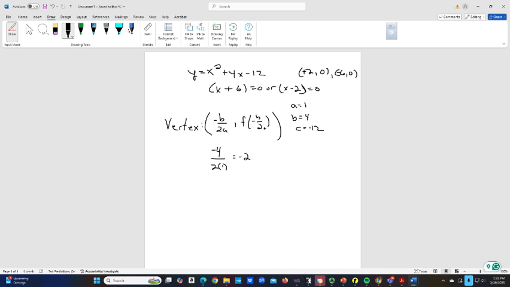And then if I just stick the negative 2 into the function, negative 2 squared plus 4 times negative 2 minus 12, I'm going to get 4 minus 8 minus 12, which is negative 4 minus 12, which equals negative 16. So my vertex for this graph is going to be negative 2, negative 16.